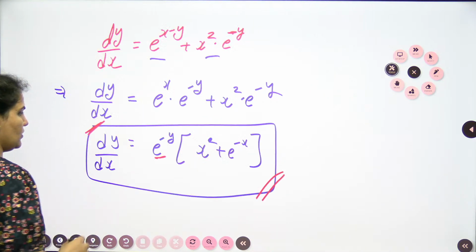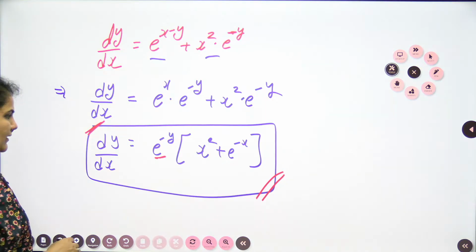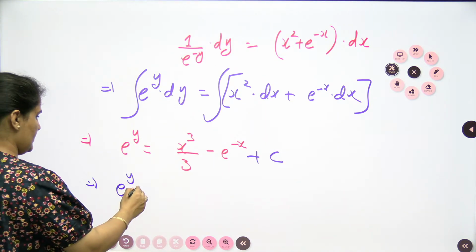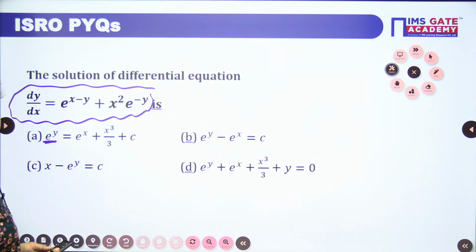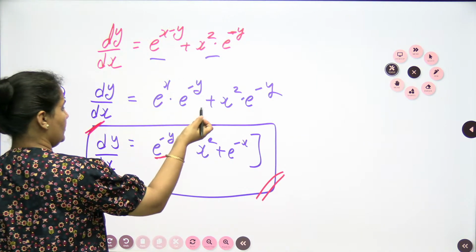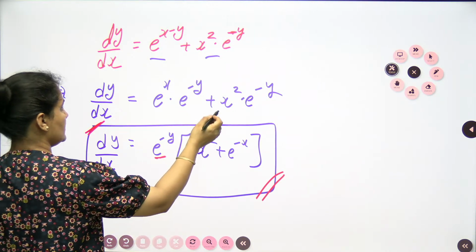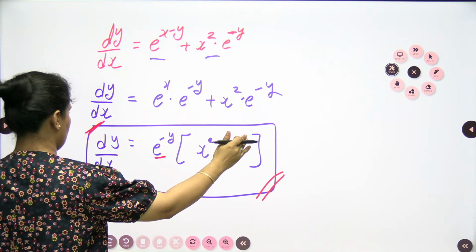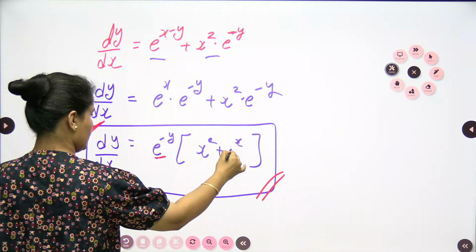I can write e to the power y equals, this is minus e power minus x, sorry, I don't have minus x here. From where did I get this? It is only plus x.